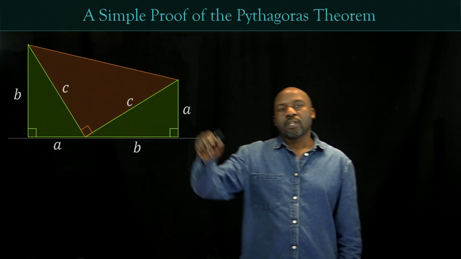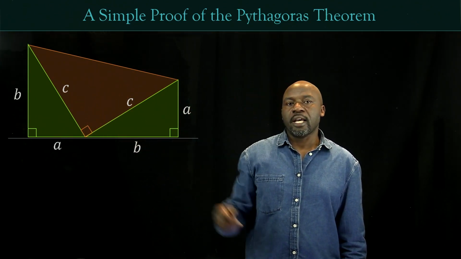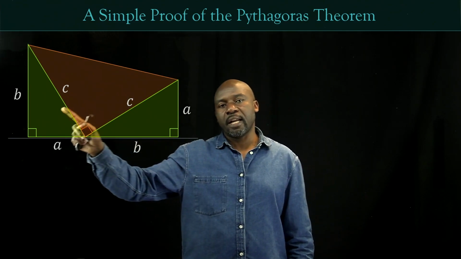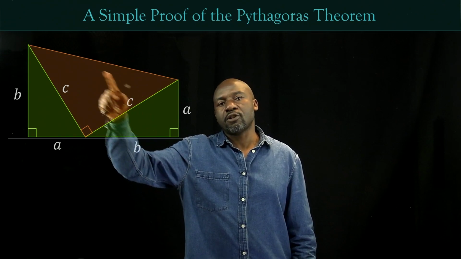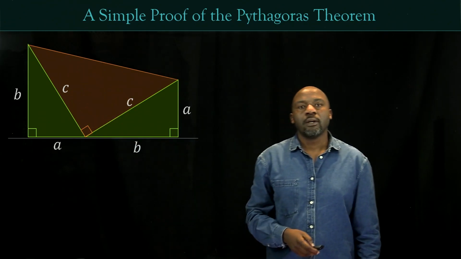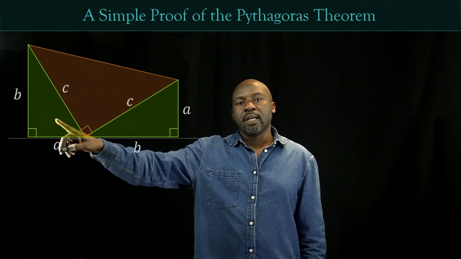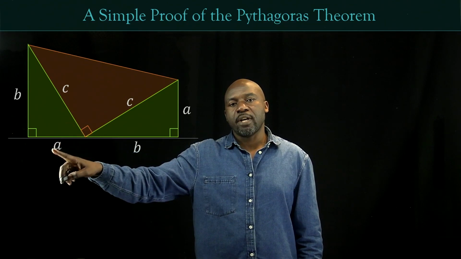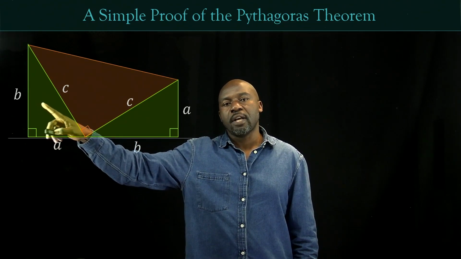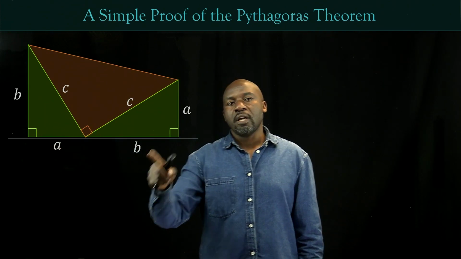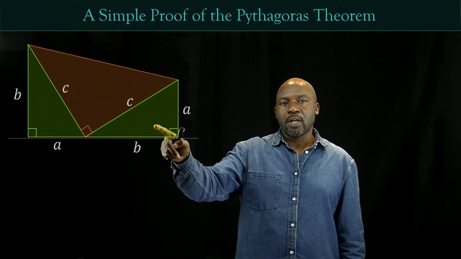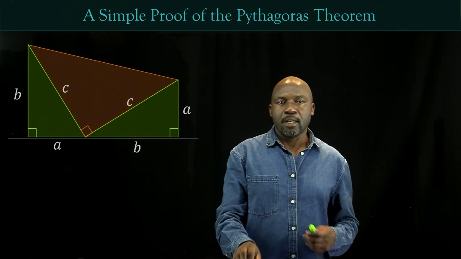Okay, so now what's the area of this trapezium? The area of the trapezium is made of the areas of these two triangles plus the area of that half square, the triangle that is a half of a square. Now the area of this triangle is a half times base times height, which is half A times B, or AB over 2. This is also AB over 2, and this is a half C squared.